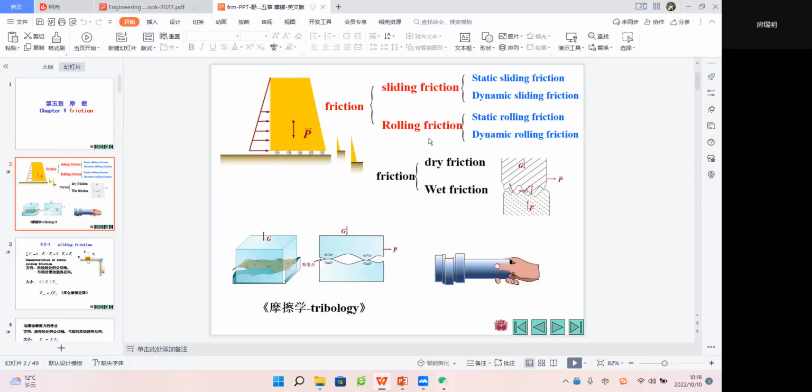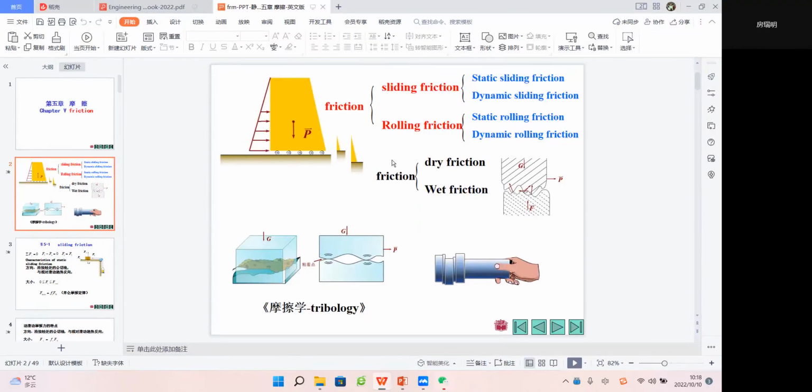We also have rolling friction. If the relative movement is a rotation from one to the other, then it also has static rolling friction, which has the intent to roll but is not rotating, right? And dynamic rolling friction always has relative rotation movement.